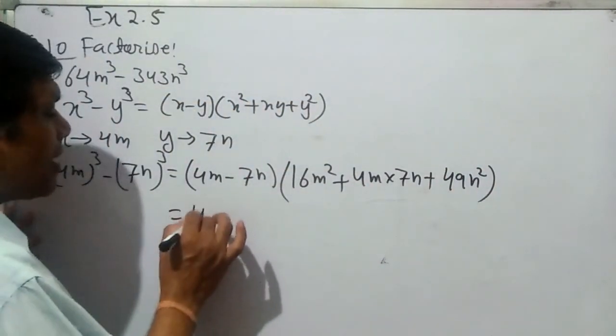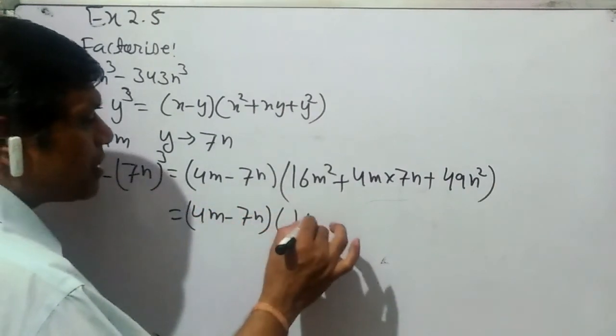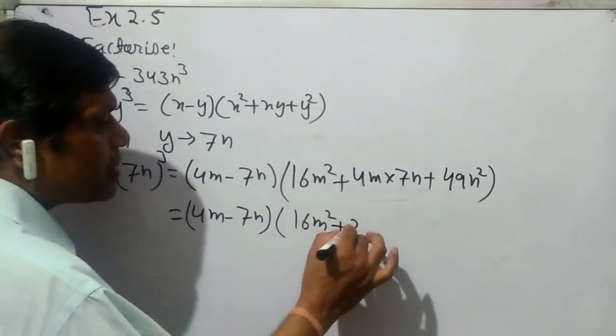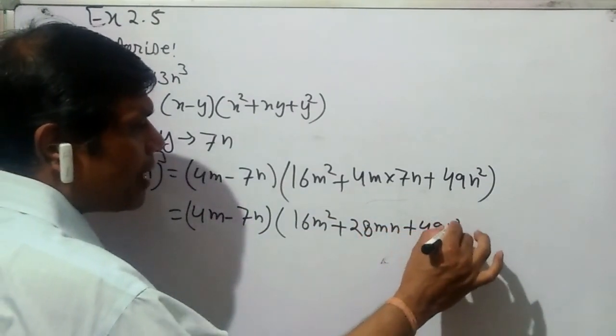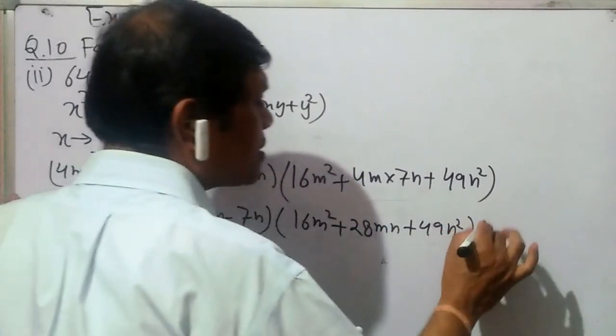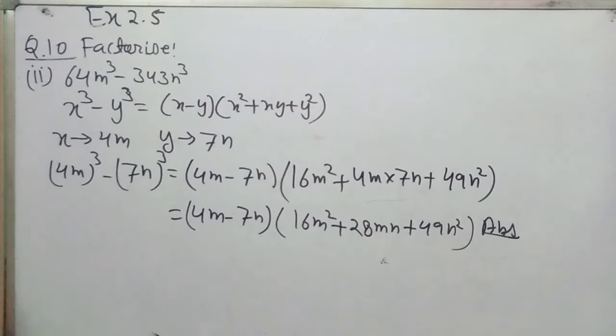Simplify it, what we get is 4m minus 7n multiplied with 16m square plus 28mn plus 49n square. That gives us the answer for the factorization of 64m cube minus 343n cube.